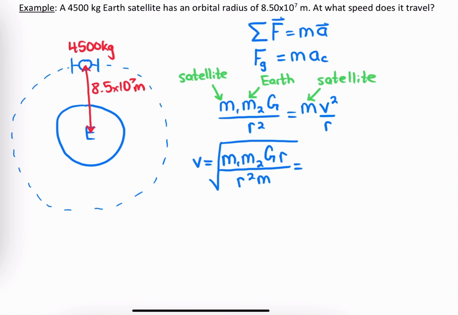M1 is 4,500. M2 is the mass of the Earth, 5.97 times 10 to the 24. You know what? I'm going to run out of space here, so let's do this a little bit lower down.